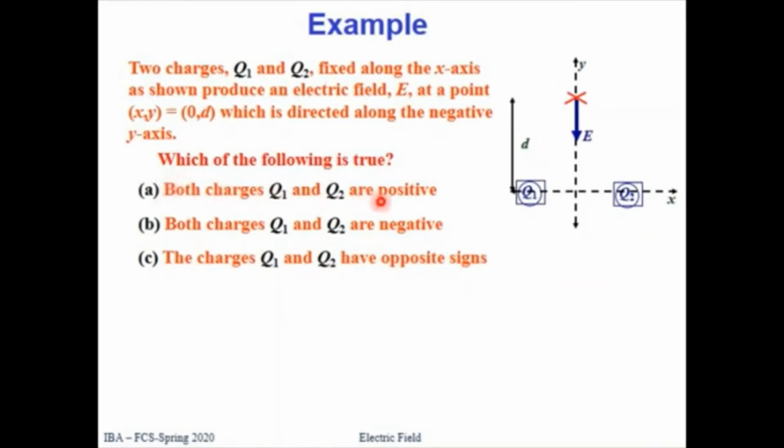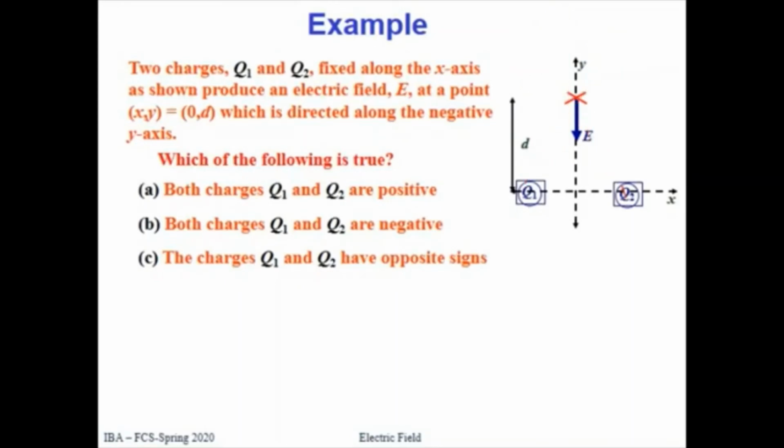If both charges are positive, and Q1 is positive, I'll just draw a direction from this Q1 something like this, and the direction of Q2 at this point would be here, for example. So in both cases, the net electrostatic field is somewhere between, which is of course not correct.